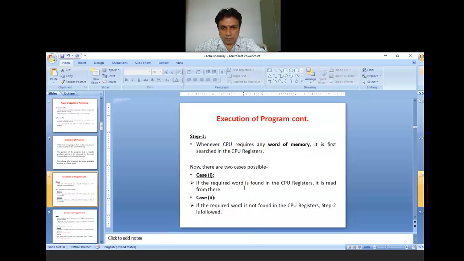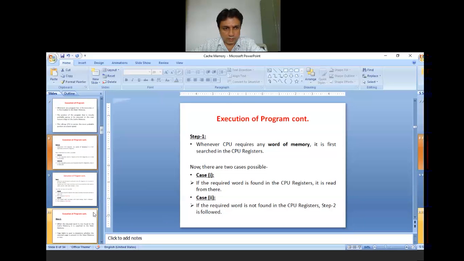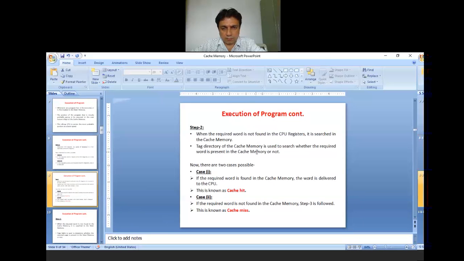If the word is not found in the register, then it goes to step 2. In step 2, we have the cache memory. In the memory hierarchy diagram, at level 1 there exists a cache memory. As the word is not found in level 0, we need to find that word in level 1, which is the cache memory.